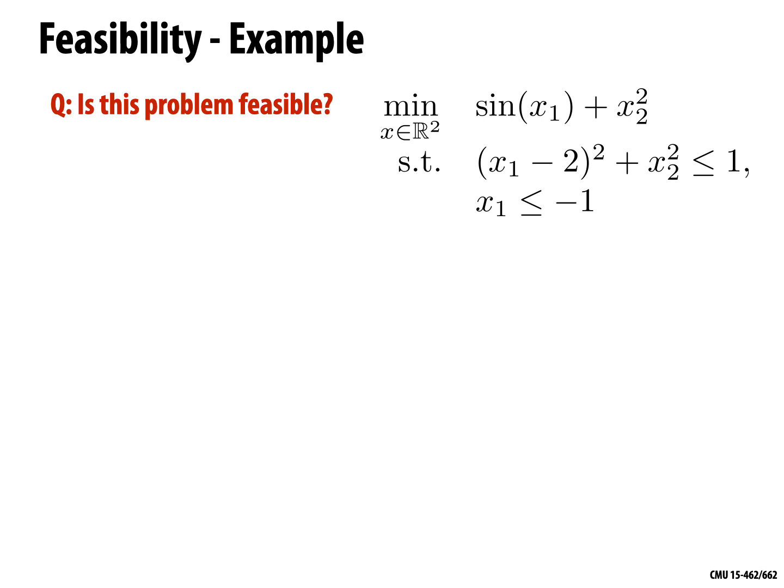And what about the second constraint? What does that describe geometrically? What region in the plane does that describe? Well, it describes all points whose first coordinate is less than or equal to minus 1, so it describes a closed half plane where the boundary of that closed half plane passes through a vertical line, x1 equals minus 1, right? So it looks like this.